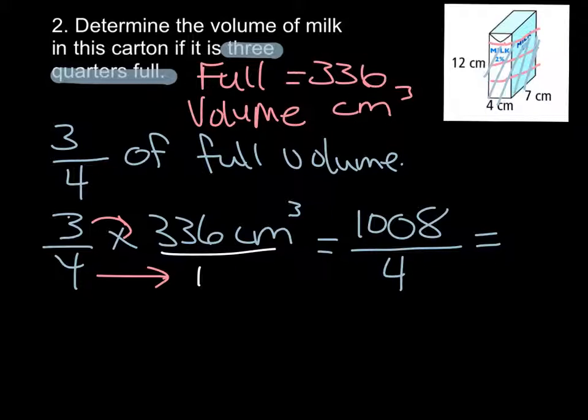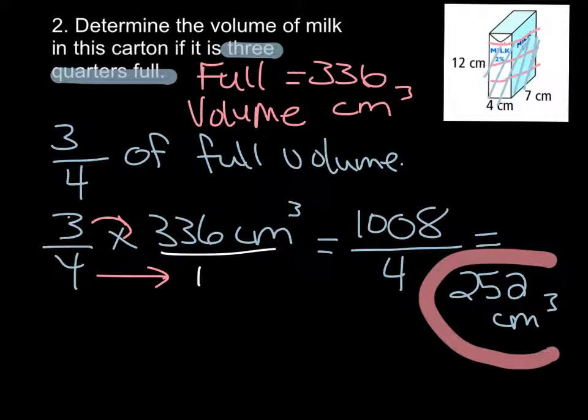And now I divided 1008 divided by 4 in my calculator, and I got 252 centimeters cubed. And that's our answer for the second one. Notice that because it's 3/4 full, we know it should be less than the total if it was full, right? So that's a good little mental check.